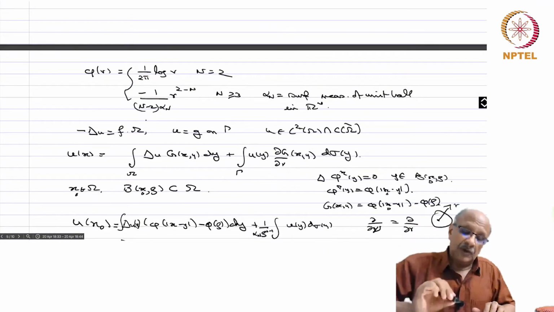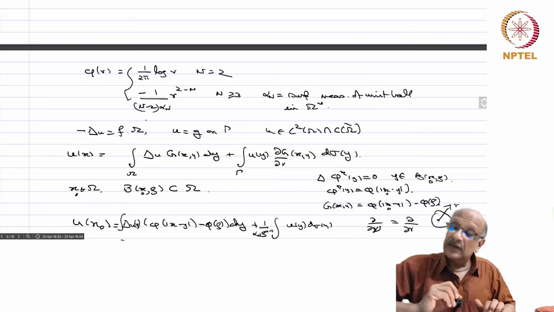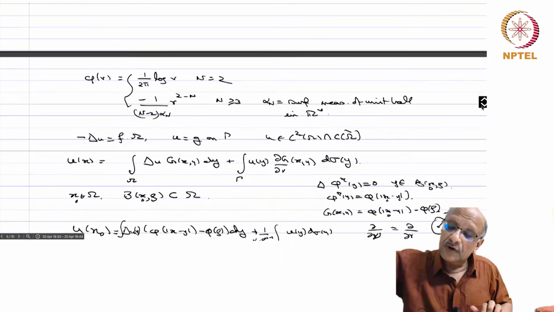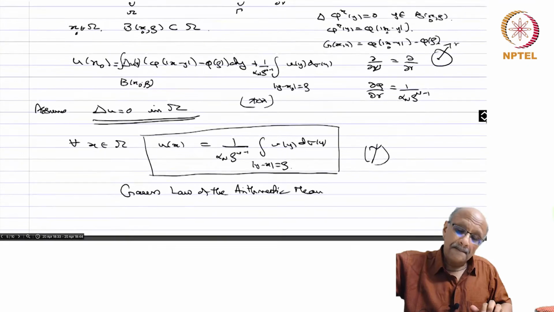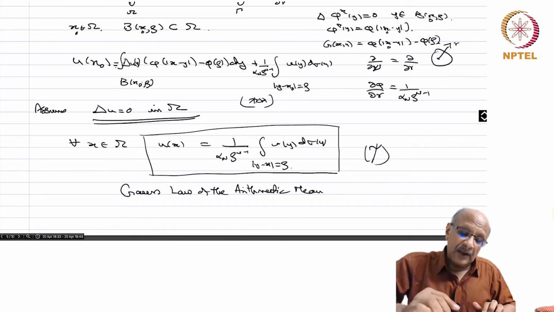This function is monotonic increasing, as you can readily verify, and therefore if you look at triple star here, if delta u in that small ball is strictly positive, now phi(|x - y|) minus phi(rho) will be negative.